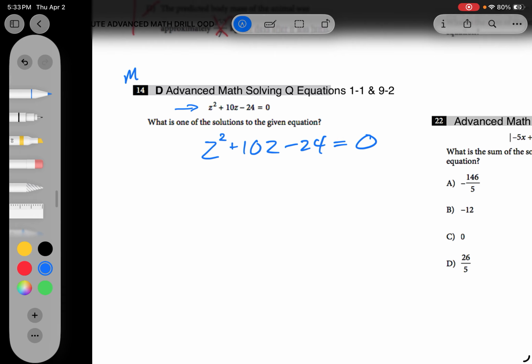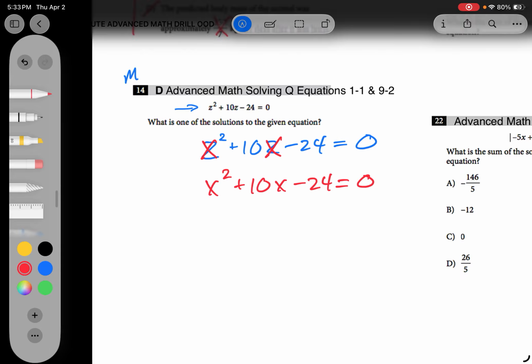It looks like I got z squared plus 102 minus 24. So these guys are dirty. Instead, why don't we just use x squared plus 10x minus 24, rather than using a z. If you know you have sloppy handwriting, then do that. It's a great tip.